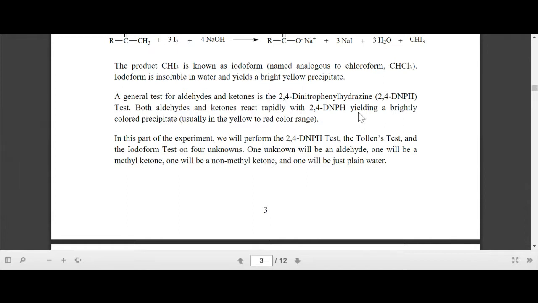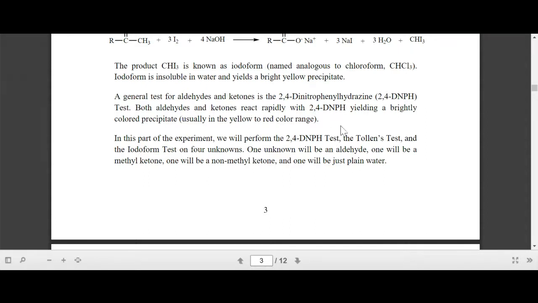The precipitate is often either yellow or orange, and it is an indication that your compound is either an aldehyde or a ketone. Do you get that part? It's either an aldehyde or a ketone.